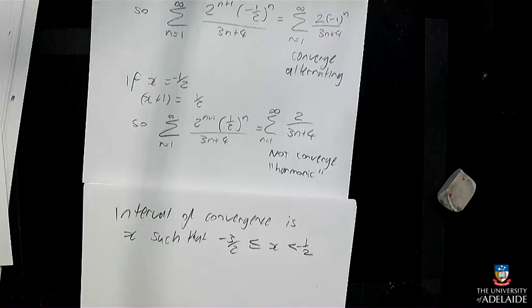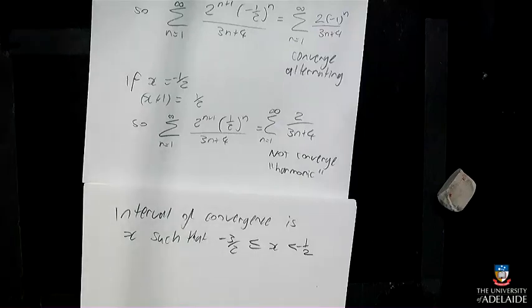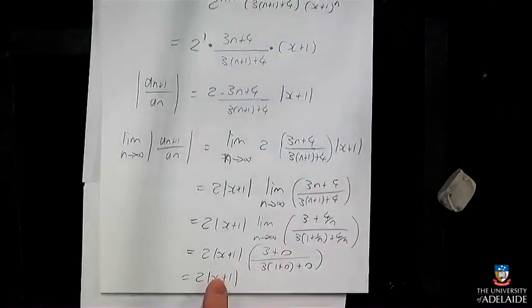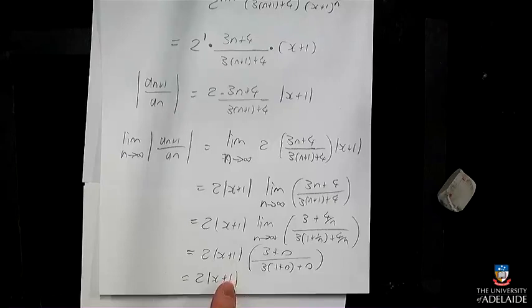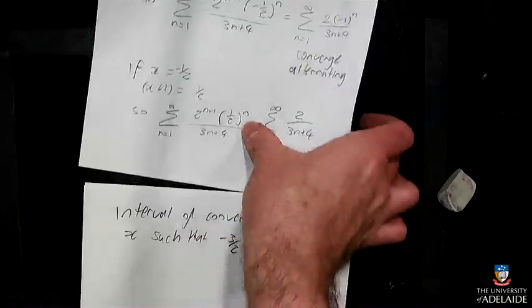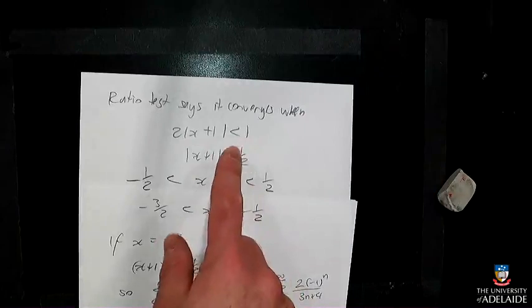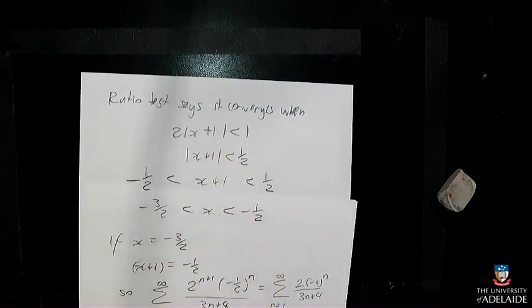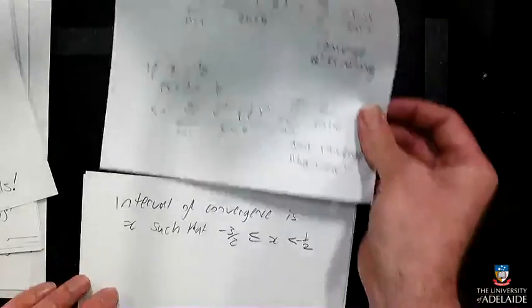So one thing I would like to say is that if at this stage here you end up without any x's, or you just get 0, then no matter what x is, it's always less than 1. You just get 0 is less than 1. It converges when 0 is less than 1. And that's always true. And so it converges no matter what x is, and the interval of convergence is the entire real line.